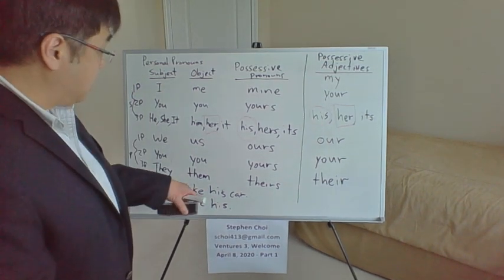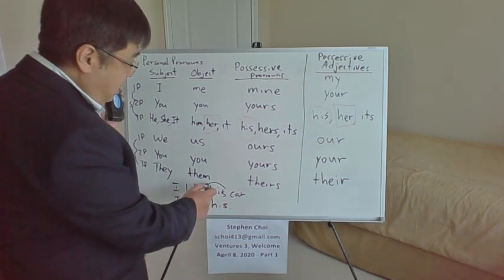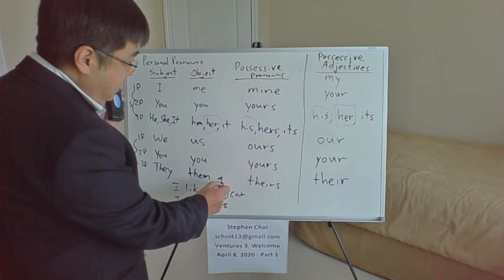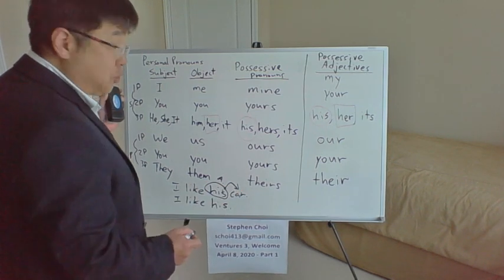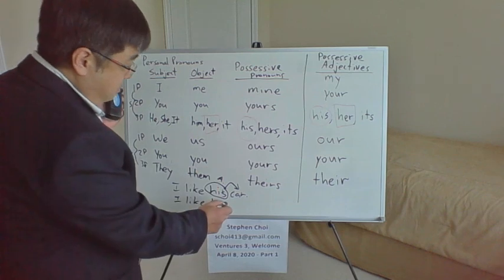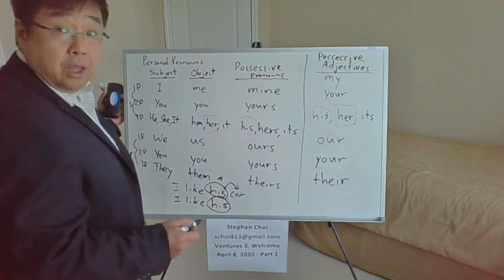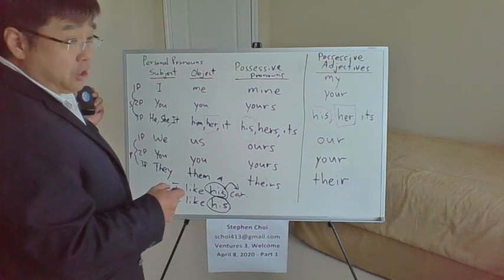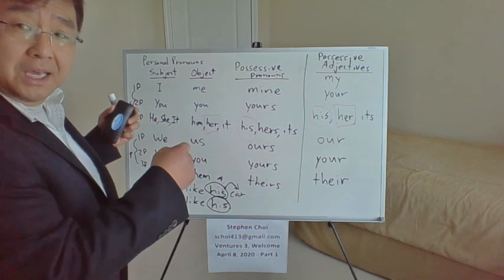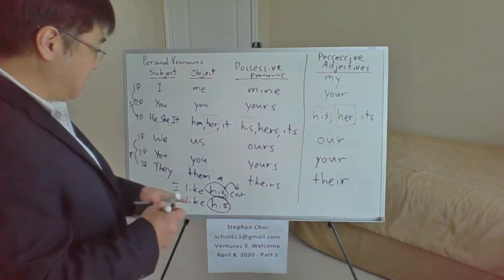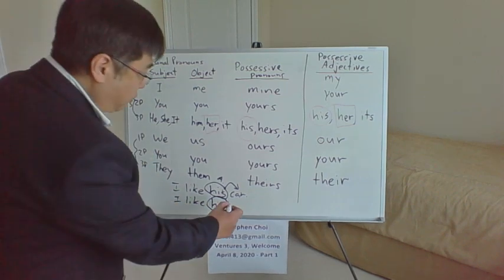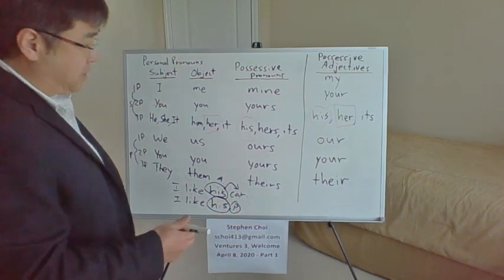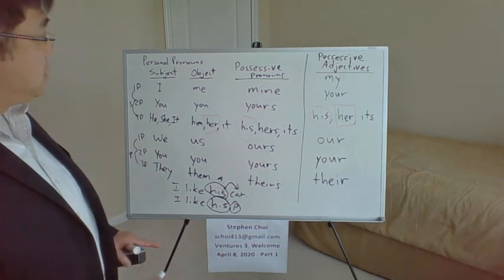So this one, I like his car. This is the adjective, right? Describes the car. Whose car? His car. But here, you like whose? I like his. You like hers? No, I like his car better. I like his. So that's the possessive pronoun. This one is a pronoun. So you need to know this.